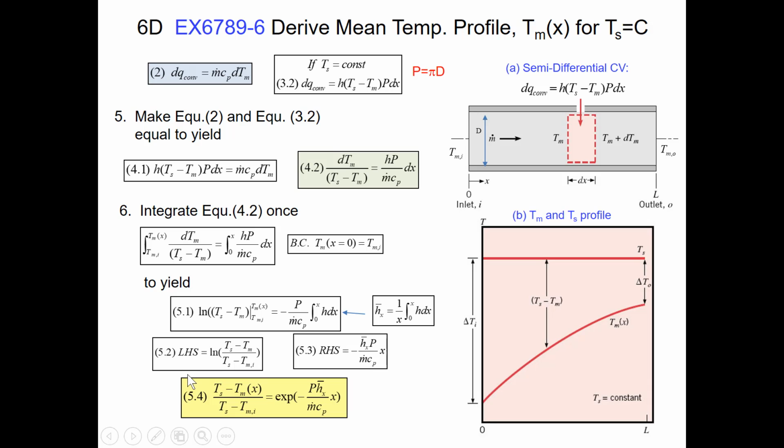Next, make left-hand side equal right-hand side to get our final mean temperature profile in equation 5.4. By checking the mean temperature profile, we notice it changes exponentially over the tube length.